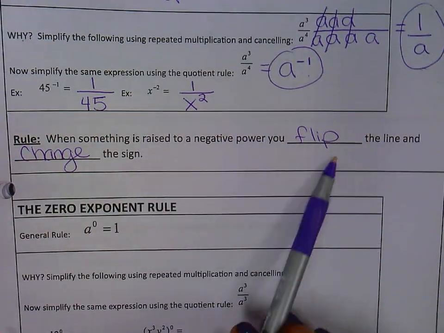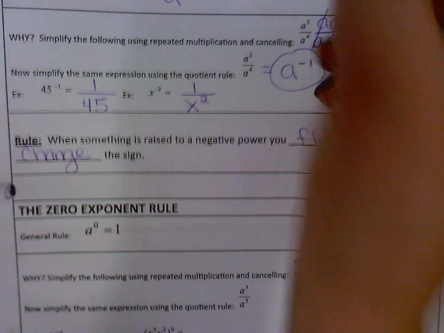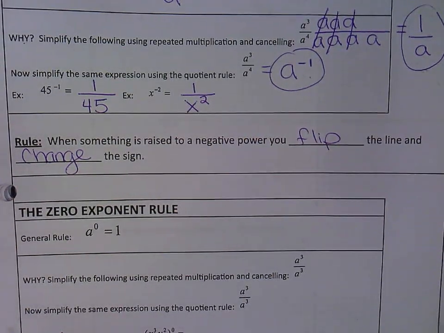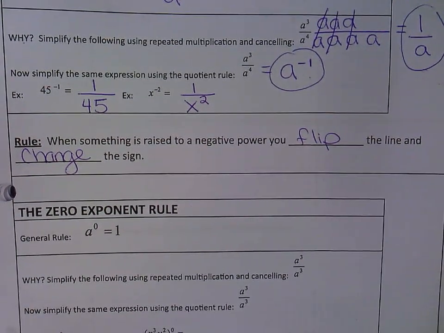You're flipping the line because the 45 is on top, now the 45 is under the line. And then I've changed the sign from -2 to 2. So the negative exponent rule, I just need to star for myself, I think, that we need to do negative exponent tomorrow again, because that one is the hardest one, I think.